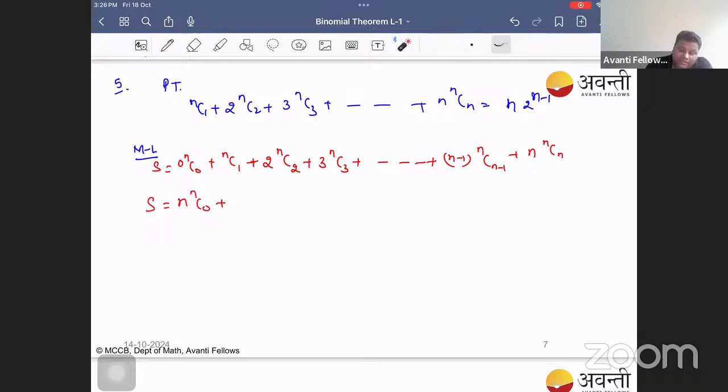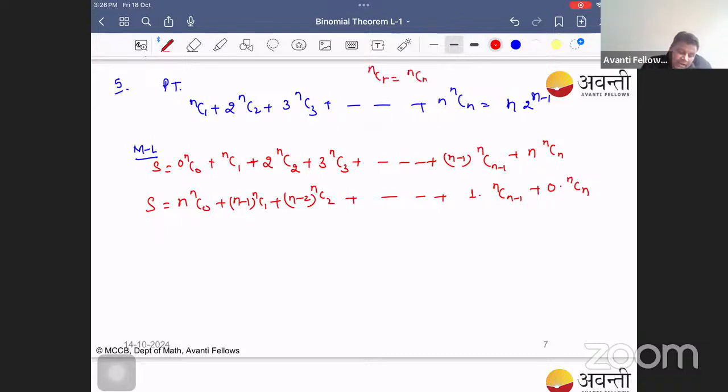This n minus 1 times nCn minus 1 is what? n minus 1 times nC1 plus n minus 2 times nC2 and so on. Now this will be 1 time nCn minus 1 and last it will be 0 times nCn. So what did I do basically? I replaced every nCr as nC(n minus r). Correct? Now you add both of them.